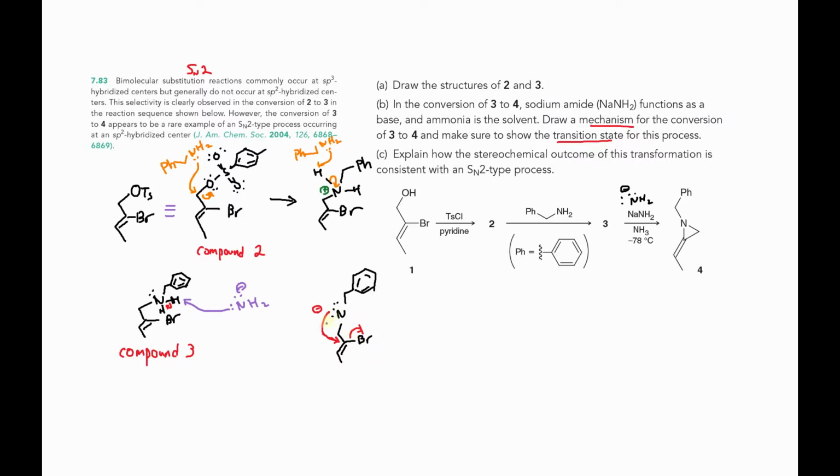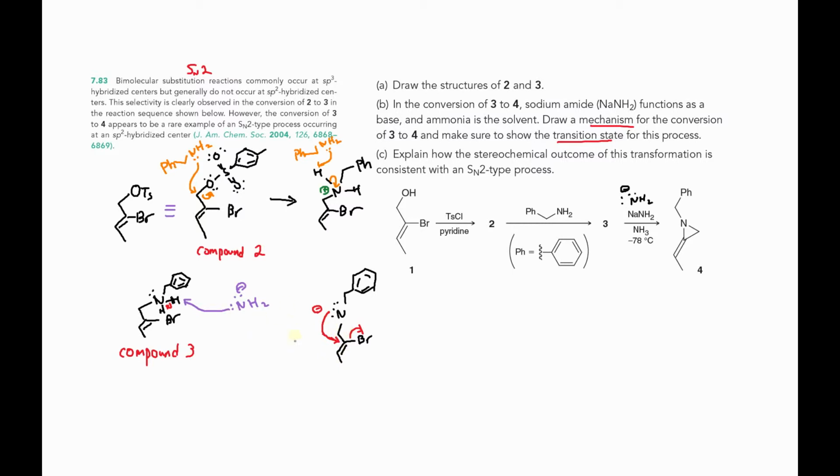Now notice that you can form a triangle here. This is a single bond, so it can rotate, it can undergo a conformational change. You're going to get the triangle if you just rotate.